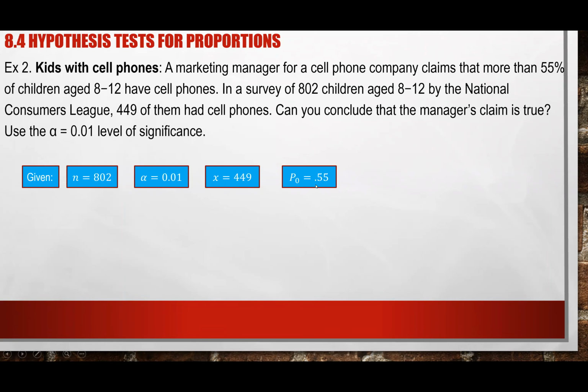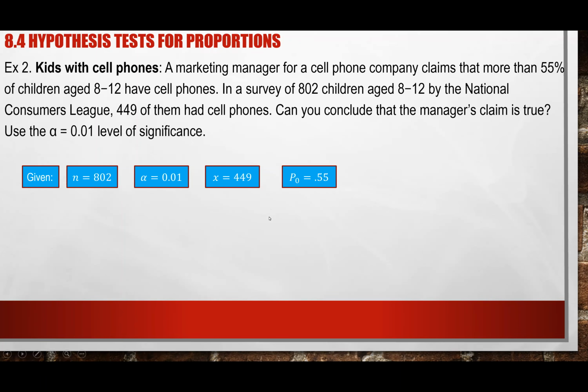So that's why the P sub 0, which is the testing point, or the population proportion that we have, is 55%, which is 0.55. And once we have these three items, the N, the X, and the P sub 0, now we can do the testing.